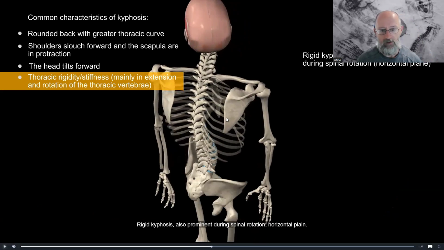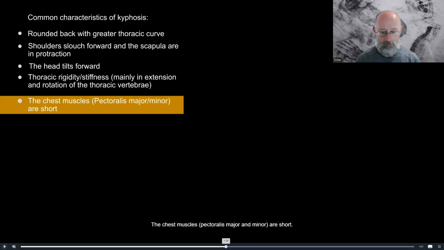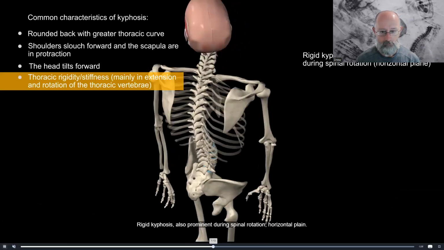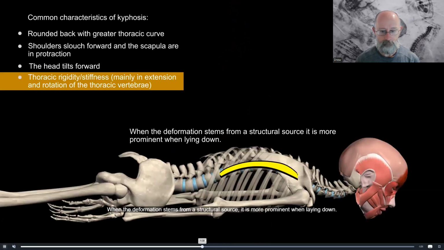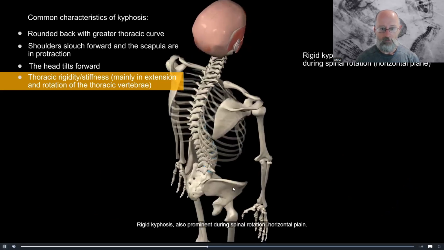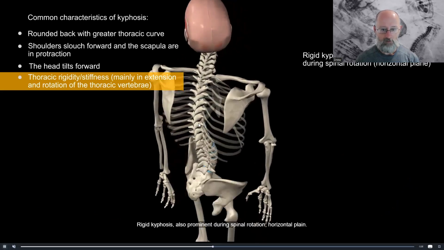So here we have a great example of the rotation that we're talking about. So rigid kyphosis is also prominent here during spinal rotation. So we go back. Give it a second. A little bit hard to see.